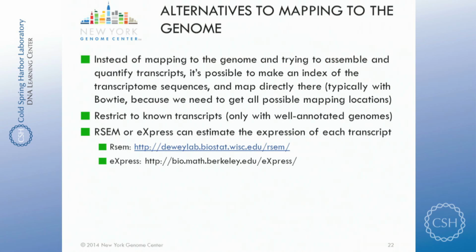The other alternative that I briefly described before was, instead of mapping to the genome, to try to assemble and quantify the transcript, which, as we see, is hard. You can make an index out of the transcriptome sequence, the transcript sequence, and map directly there, typically with Bowtie, because you need to get all the possible mapping locations for the reads.